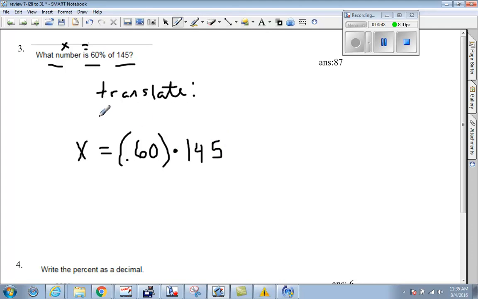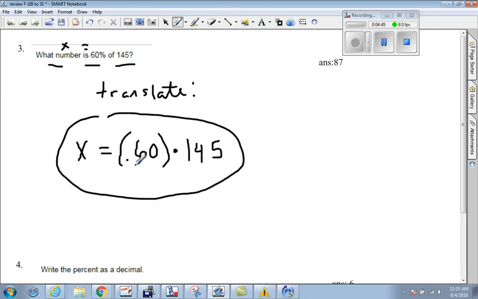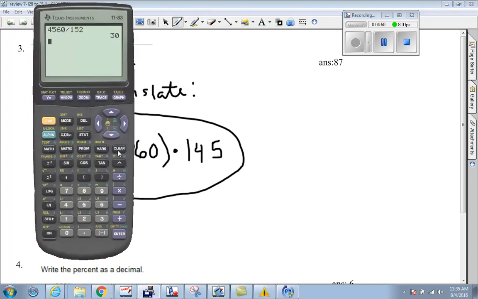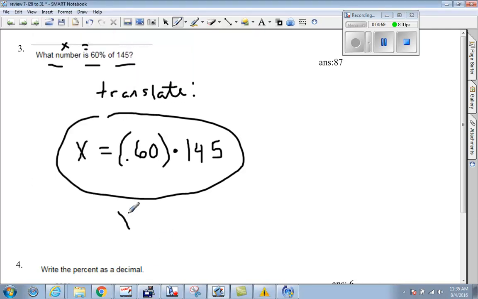So if I'm just doing basic translation method, then I'm just taking 0.60 times 145. That should be fairly easy. 0.60 times 145 is 87. And voila, we have the answer. And if you think about it, if you say, what's 60% of $145? $87 makes sense, because it's more than 50%.